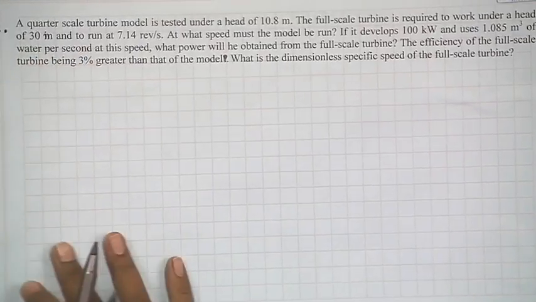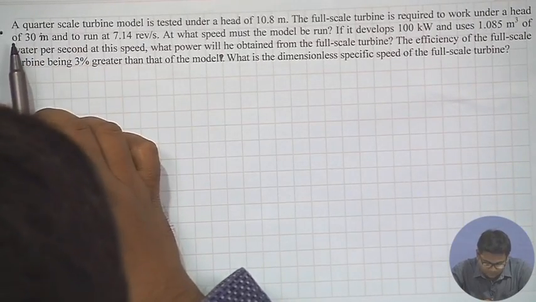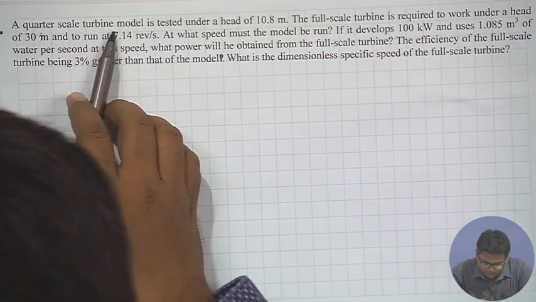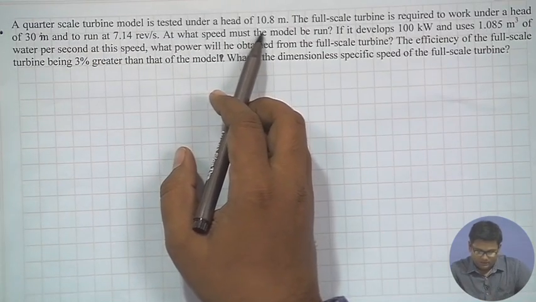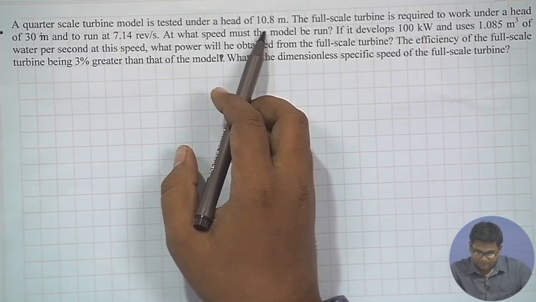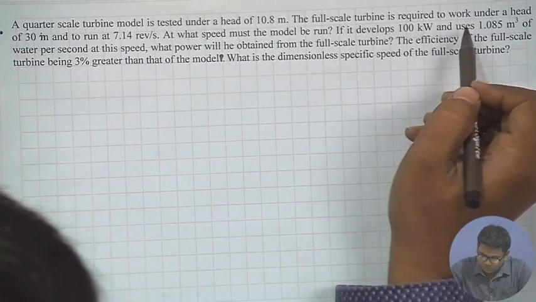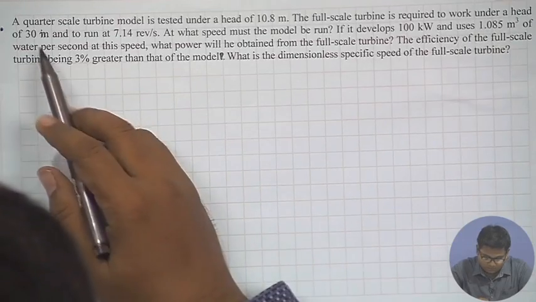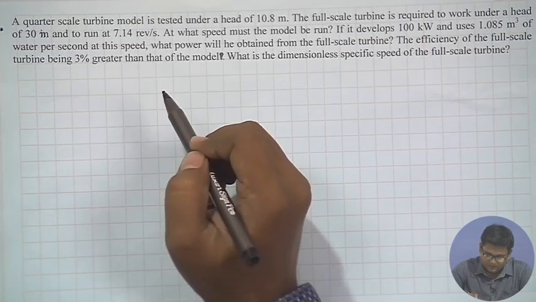Now I am going to solve another problem related to turbine. So this is the second problem, problem 2. I will just read the problem first. Say a quarter scale turbine model is tested under a head of 10.8 meter. The full scale turbine is required to work under a head of 30 meter and to run at 7.14 revolutions per second.